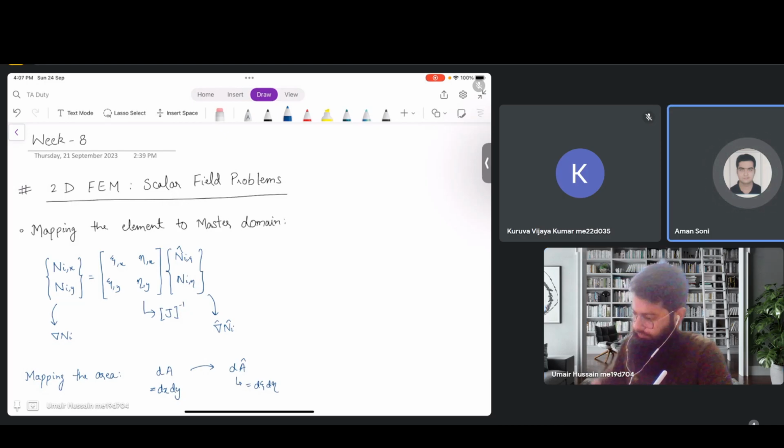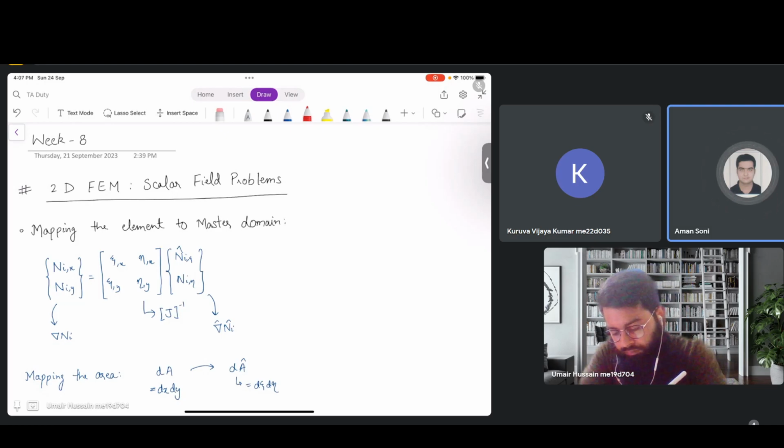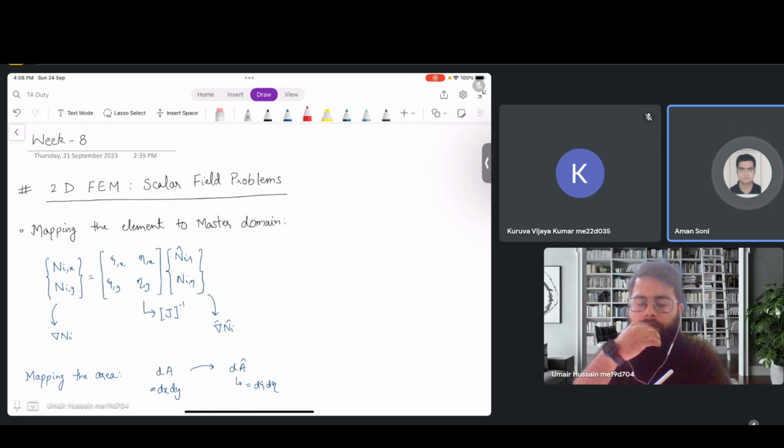I think in these types of problems, as an input, we have some scalar quantities in terms of two dimensions, because here the word is 2D FEM scalar field problem. For example, heat flux we know, or temperature at any particular wall or part that is given to us. So I think that's why the name is a scalar field problem.